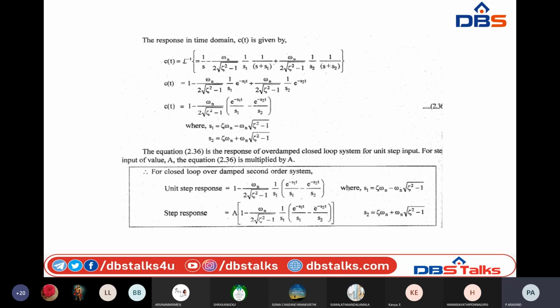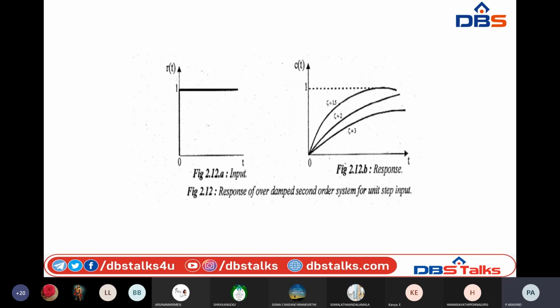This is the corresponding response of the overdamped second order system for unit step input. From this response we observe that here also the response has no oscillations.